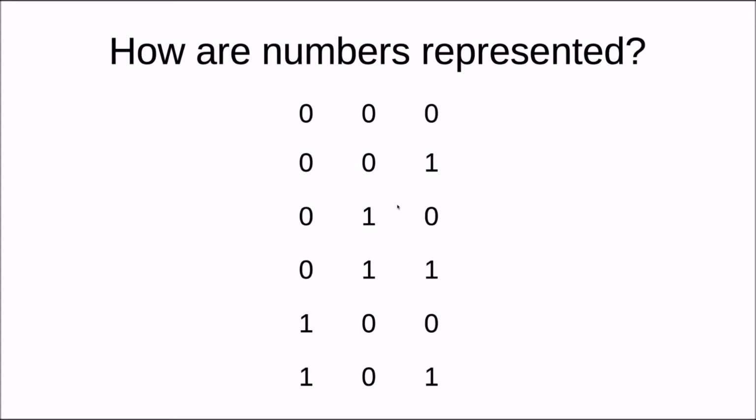Now, with all these values, how do we represent a decimal number? So let's take a look how we represent numbers. This is another example how we can show the different values and how we count up. Essentially, we have 3 bits here. They are all turned off in the very first row at the top. Now the next row shows the least significant bit that's turned on. Then the middle bit is turned on and the least significant bit is turned off. Essentially what I'm doing here is I'm counting up. So all of them 0, I add 1 to it.